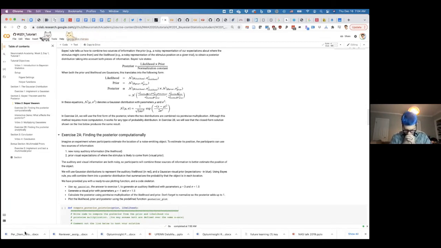Now, Bayes' rule that you heard about in the introduction allows us to do such calculations. What we want to calculate here is the probability that the true stimulus is at a hypothesized location given the encoded stimulus that we have. This is called the posterior. How can we calculate that?